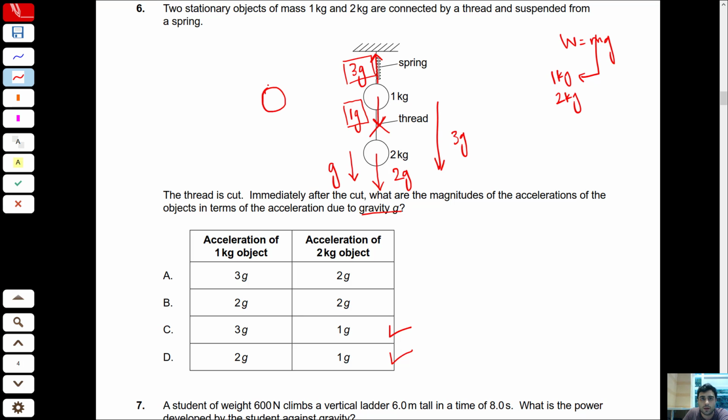So in other words, there is a 3g force acting in the upward direction and 1g force acting in the downward direction, which is due to the weight of this object, and the resultant net acceleration acting on this ball will be 3 minus 1, which is 2g in the upward direction. So we have to find the net. Net is the difference between the forces, considering their vectors also, so they are direction dependent. So it will be 3g minus 1g, which is just 2g. So the acceleration on the 1 kg is 2g.